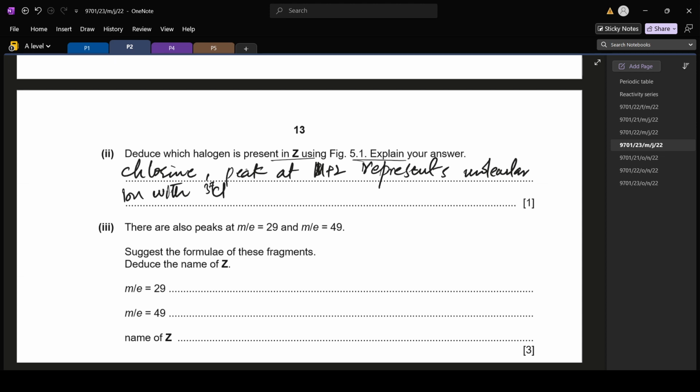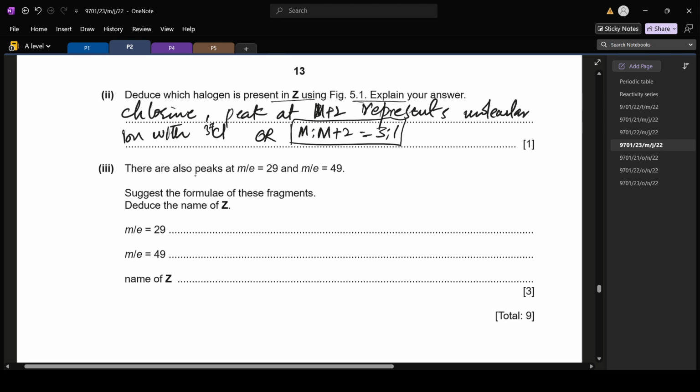Or you can write that the M peak and the M plus 2 peak have a ratio of 3:1. This is also correct.